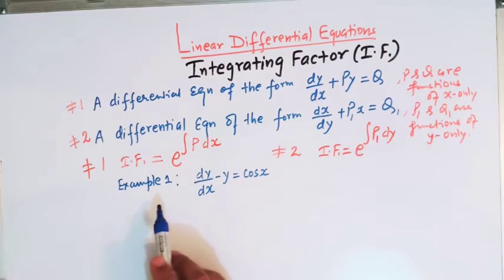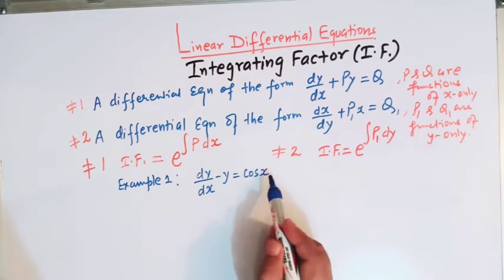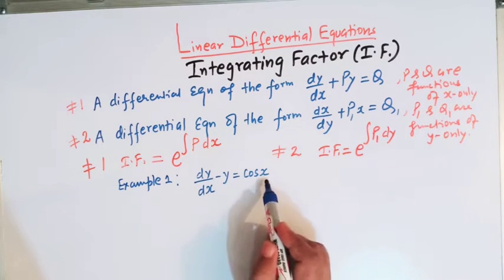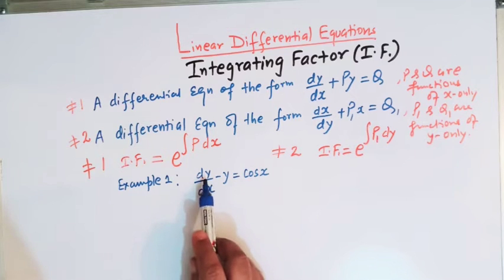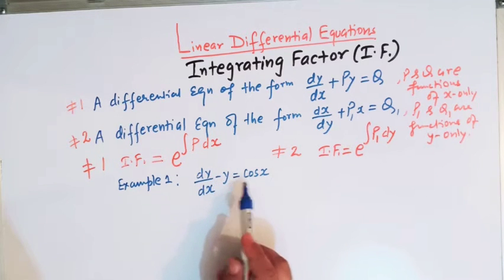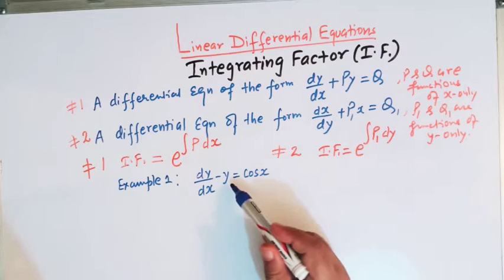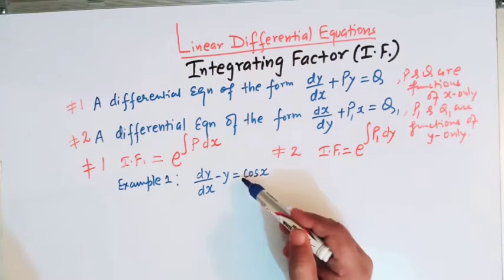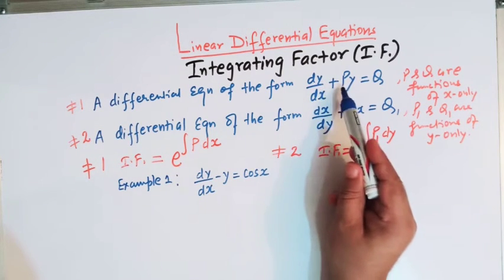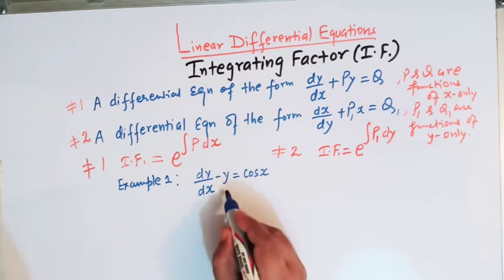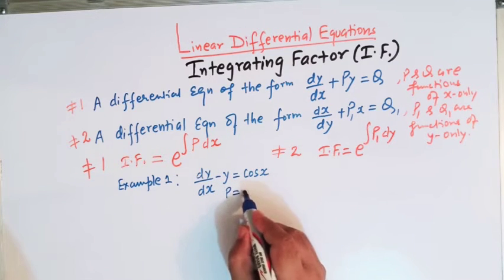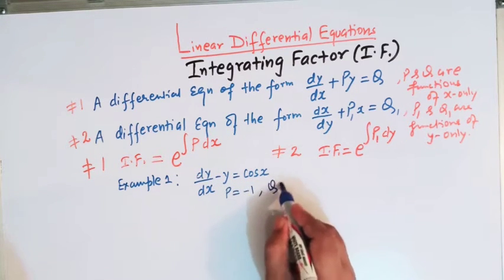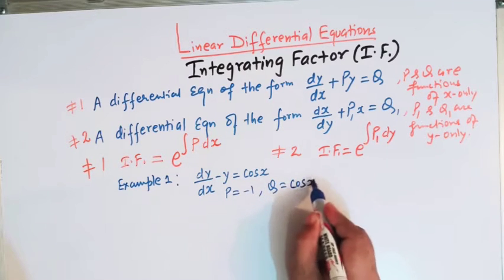Now here we have this linear differential equation of first order, dy/dx - y = cos x. Now what we will do is compare this equation with the standard equation. So we see that here the value of P is -1 and the value of Q is cos x, right?